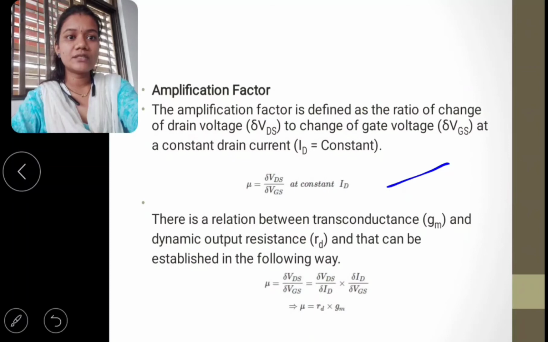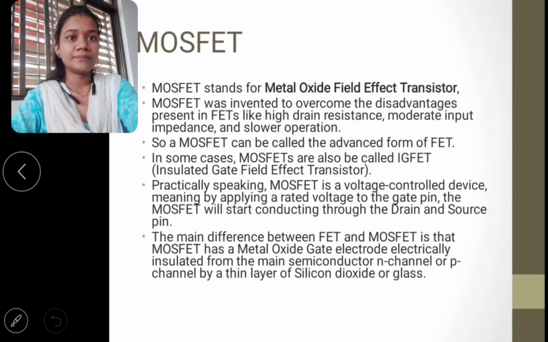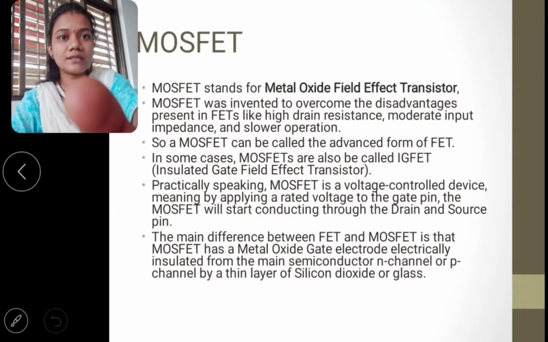Mu is equal to del VDS upon del VGS, which is equal to del VDS upon del ID into del ID upon del VGS. So mu is nothing but rd, the dynamic output resistance, into gm. This is the relation between dynamic output resistance and transconductance to find the amplification factor.